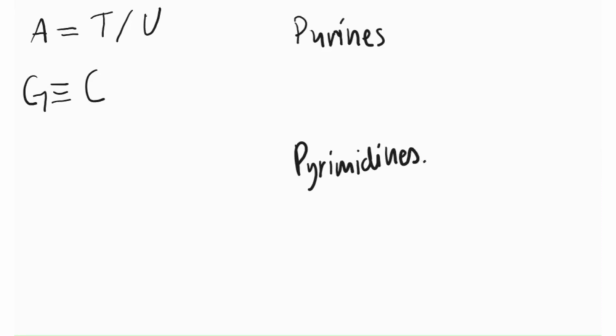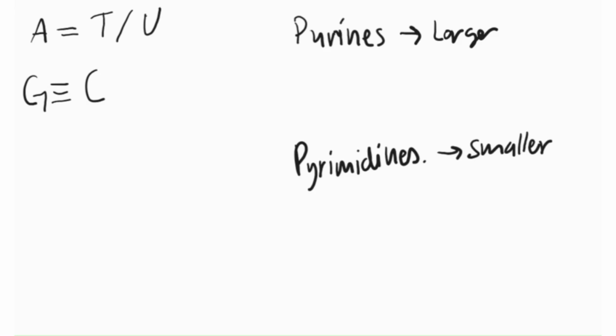One thing you have to know about these is that purines are larger and pyrimidines are smaller, and this size difference allows for stability within the DNA double helix. So each purine binds with a pyrimidine, and a pyrimidine binds with a purine. You can never have a pyrimidine-pyrimidine binding or a purine-purine binding.